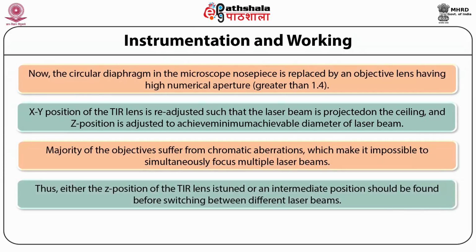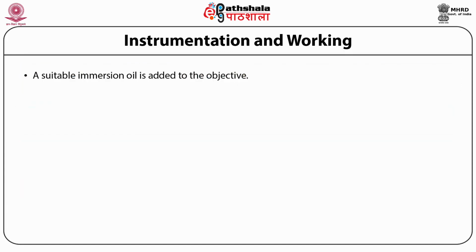Thus, either the Z position of the TIR lens is tuned or an intermediate position should be found before switching between different laser beams.